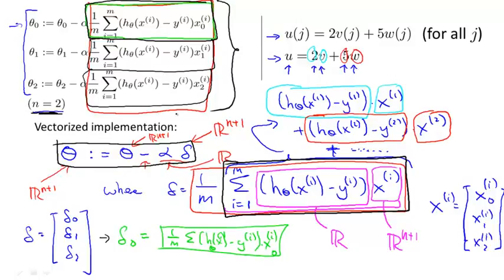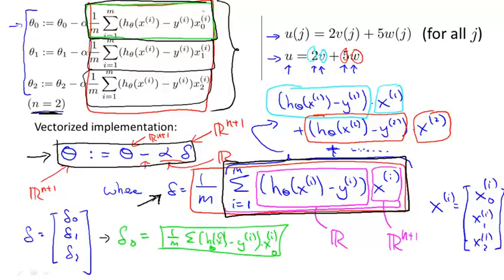So I know that a lot happened on this slide, but again, feel free to pause the video, and I'd encourage you to step through the slide to make sure you understand why this update here, with this definition of delta, is equal to this update on top.